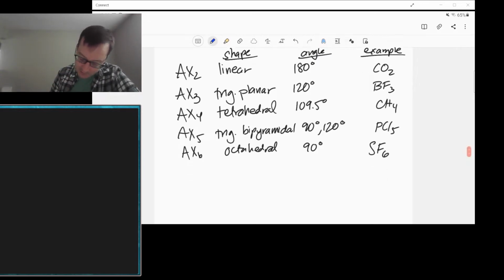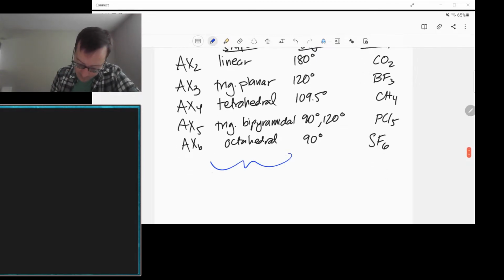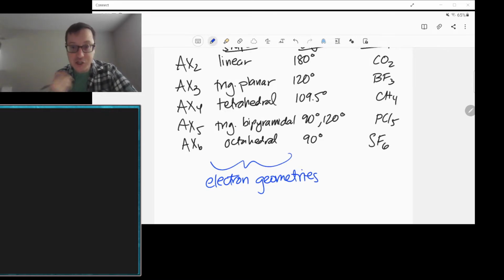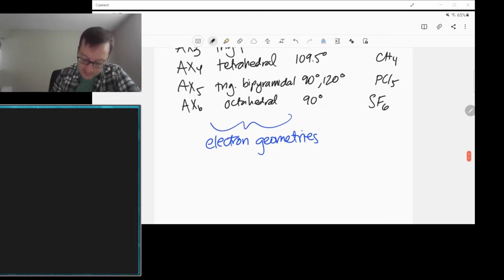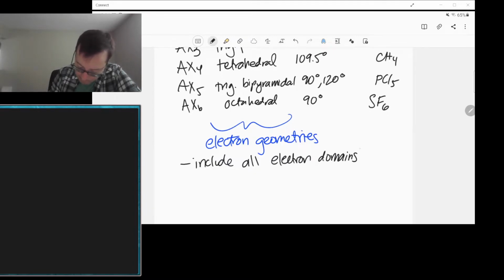We're going to see that all of these are what we call electron geometries, because they are the shape of all electron domains within your ion or molecule. We're going to see that these electron geometries include all electron domains in the shape.